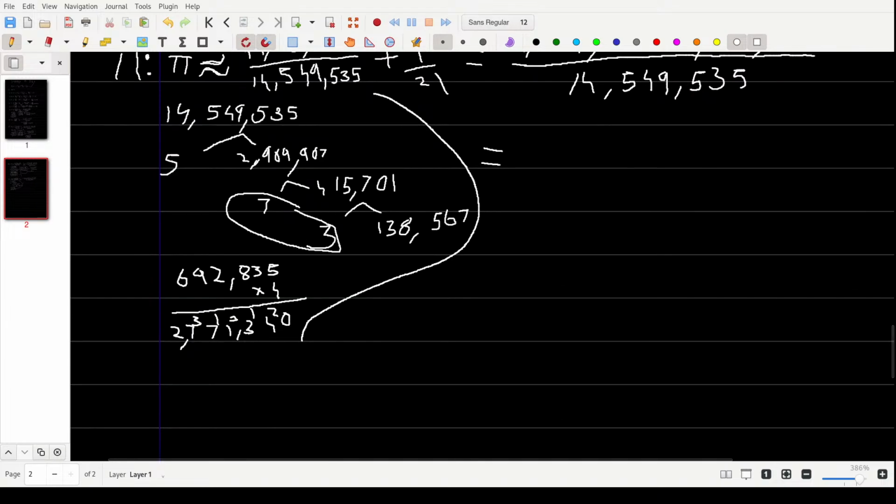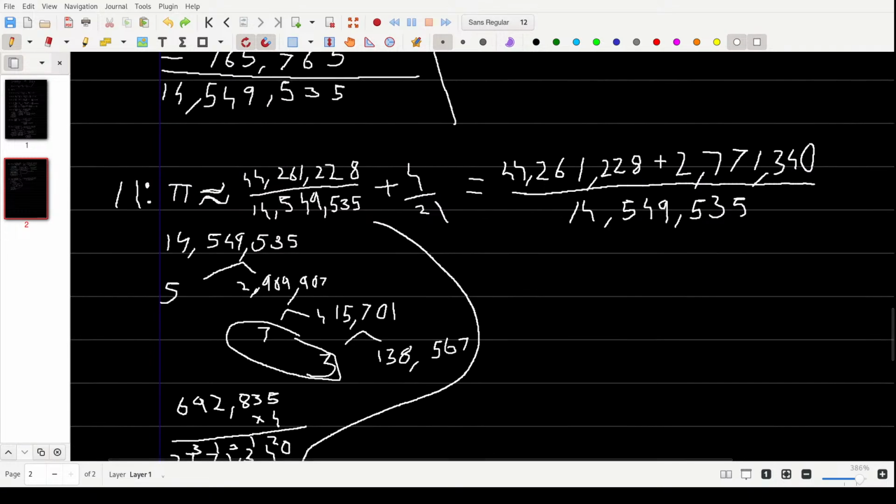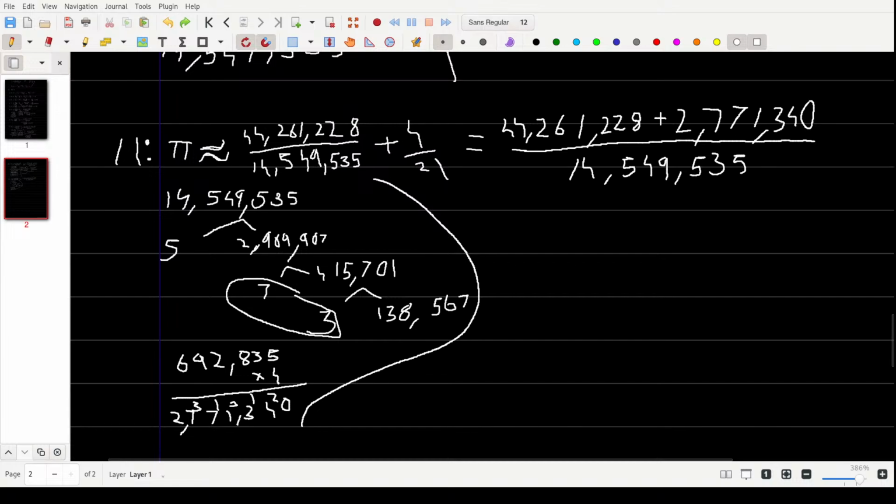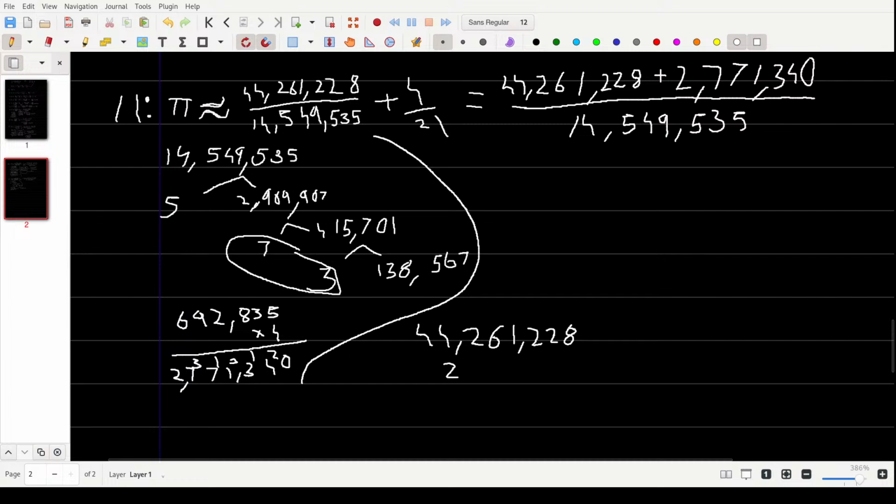Okay, let's add these. I do not need to, well, I can do that anyway. 44,261,228 and 2,771,340. There we go. Let's add them.